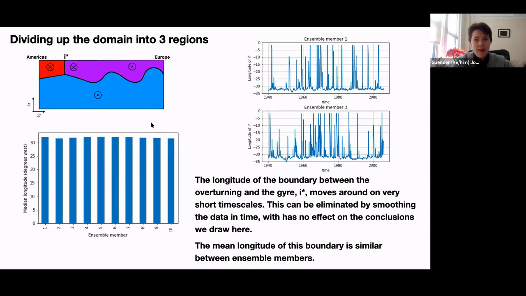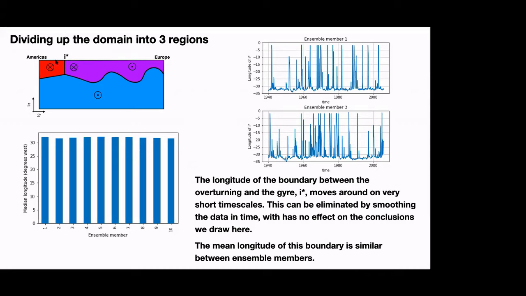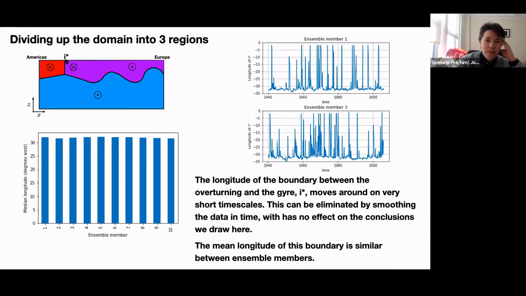But just before that, I wanted to talk a little bit about I star, which is the longitudinal location of the boundary between the red region and the purple region. The median longitude of this boundary is the same across ensemble members.